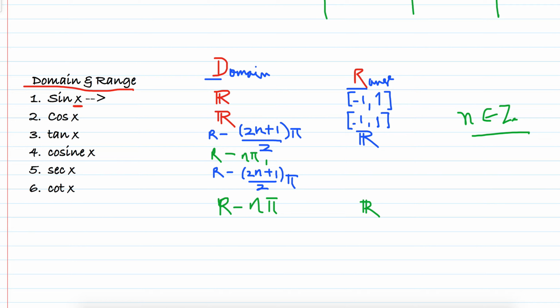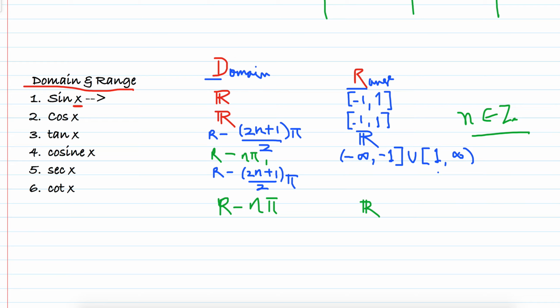So for cosec, the range is from minus infinity to minus 1, where minus 1 is included, union from plus 1, where plus 1 is included, till plus infinity.